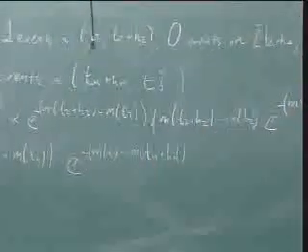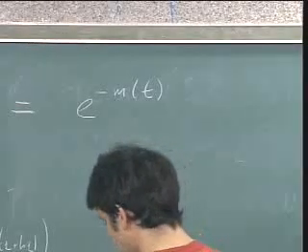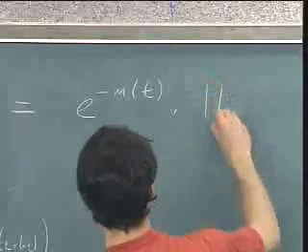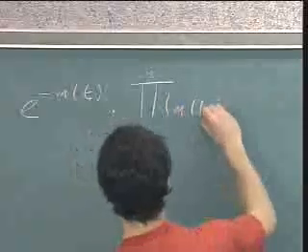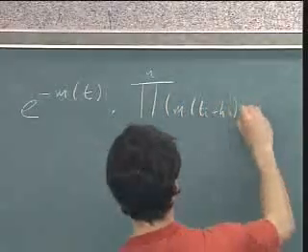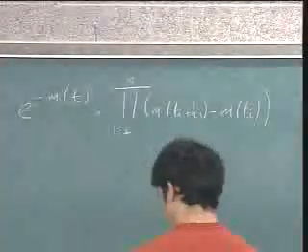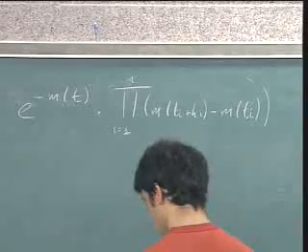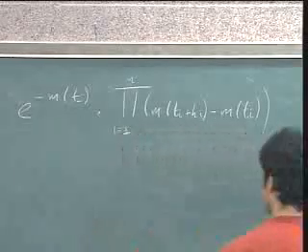So what we end up getting is e to the minus mt times the product. Yeah. So this is what we get in the numerator.